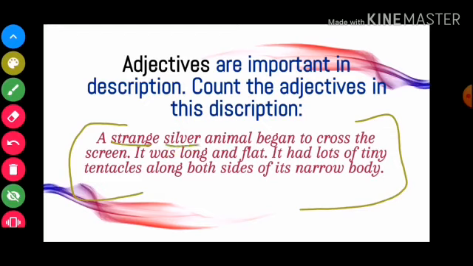Silver animal began to cross the screen. It was long and flat. It had lots of tiny tentacles, tiny, along both sides of its narrow body. So these are adjectives.